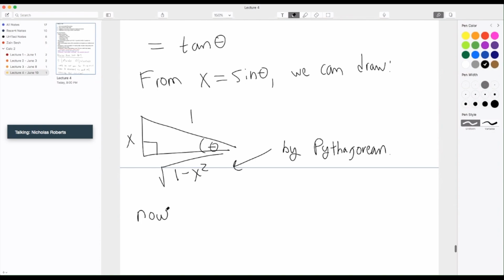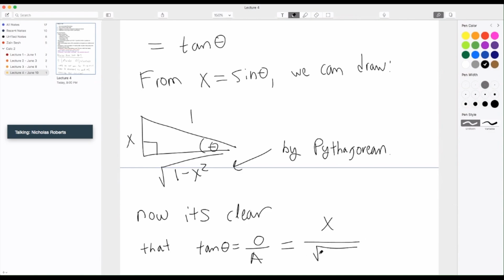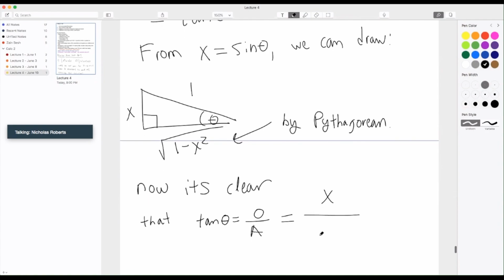So now it's clear that tan theta, which we recall is opposite over adjacent, will just be x over the square root of 1 minus x squared. All right. So this one came out to be a lot nicer. That's just by trig.